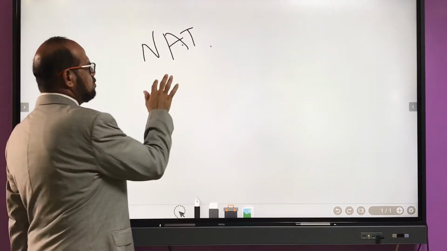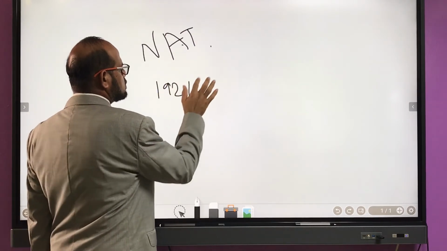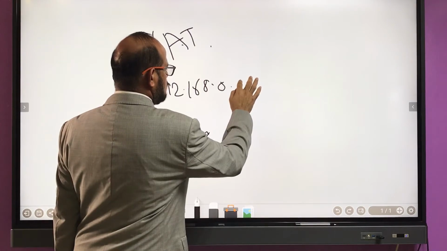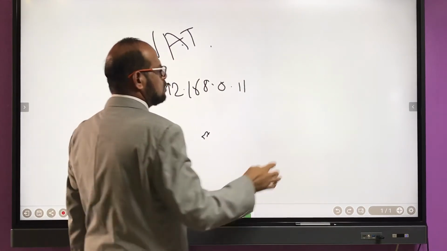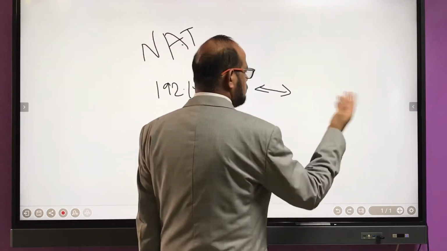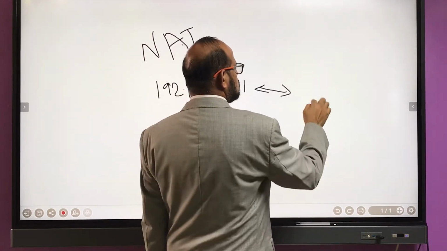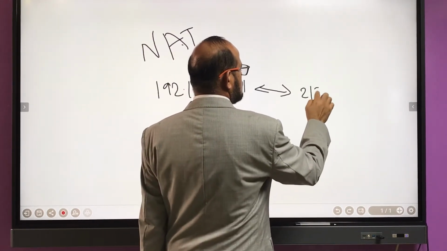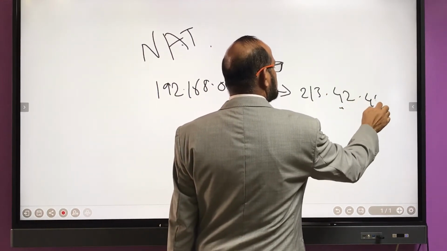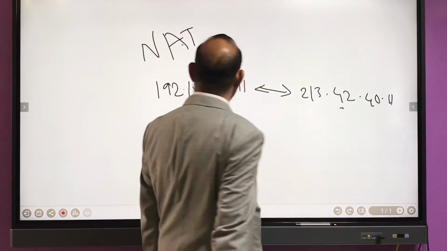My internal network is 192.168.0.100 or 0.11. I will have a one-to-one NAT on the other side, mapping to, suppose, 213.42.40.11.